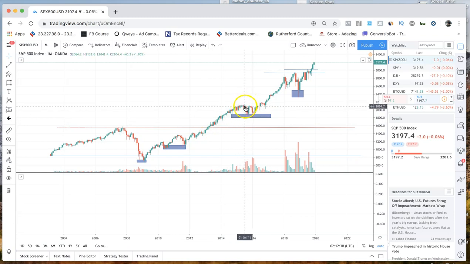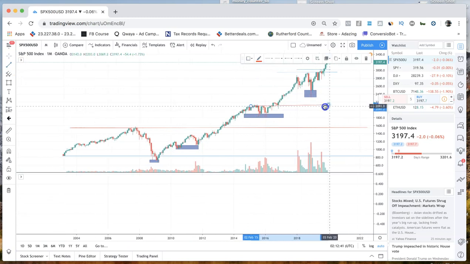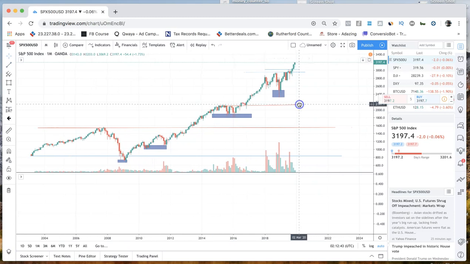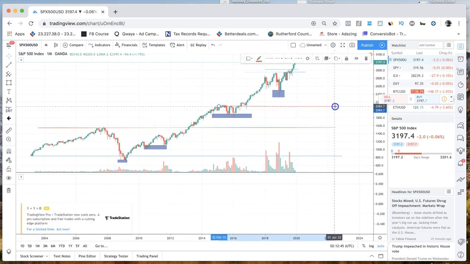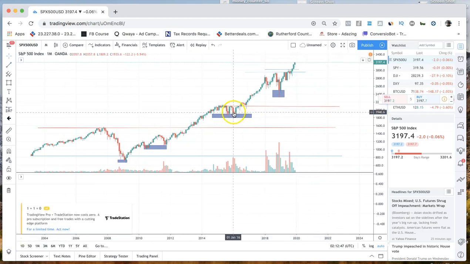And what do we do? Boom, we hit a resistance, and we came back down and hit a support. So make another red line here. Make another line here.